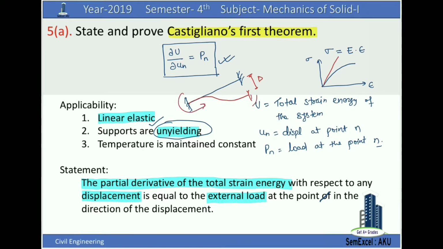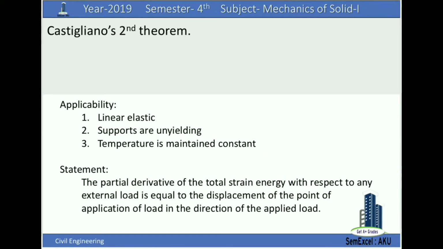Then there will be additional moment M. So if there is any additional moment due to settlement, then we cannot apply this relation del U by del u is equal to Pn. Here capital U is the strain energy and small un is the displacement at point n and Pn is the load at point n.